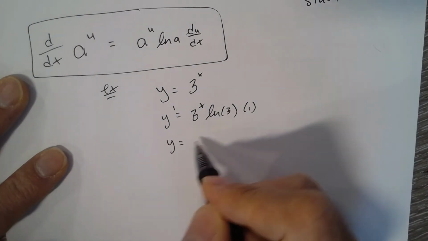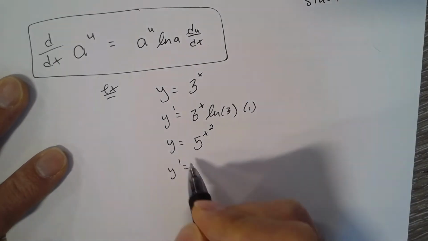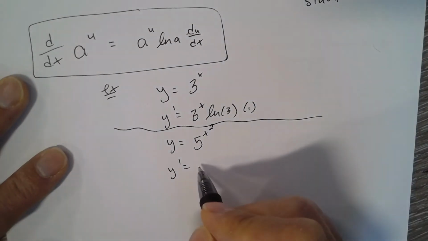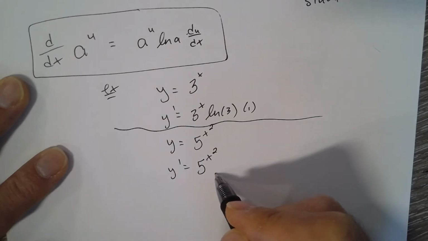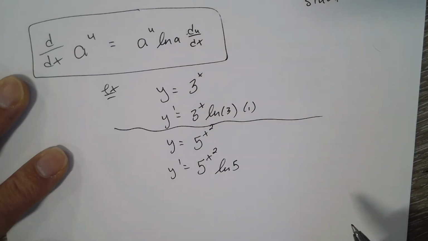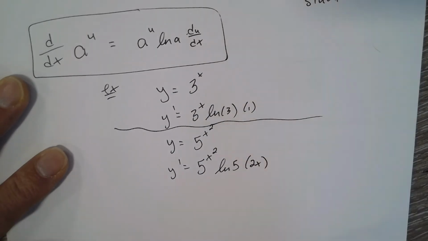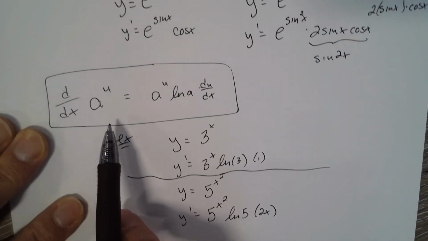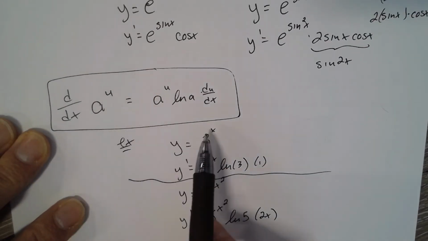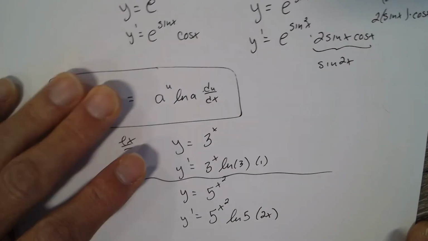If I have 5 to the x squared, then it is itself times the natural log of its base times the derivative of the exponent, so 2x. And you would just clean that up a little bit. Not much to do. Okay, so that's a to the u, when you have a base that's a constant and an exponent that's a variable. Two down.